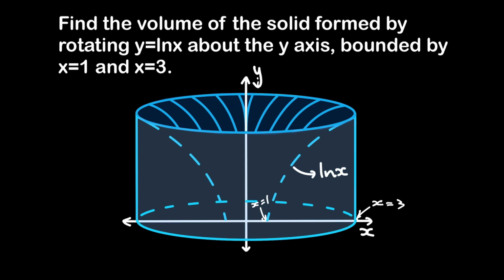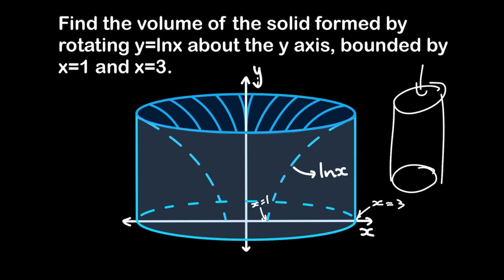Okay, so the way we're going to do this is with integration, and we're going to use the cylindrical shells method. So what that means is we're integrating between 1 and 3, and what we are integrating is the outer surface area of a cylinder. That's basically a cylinder that excludes the two caps.